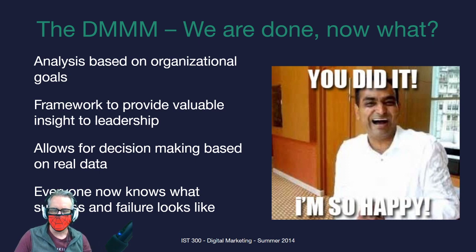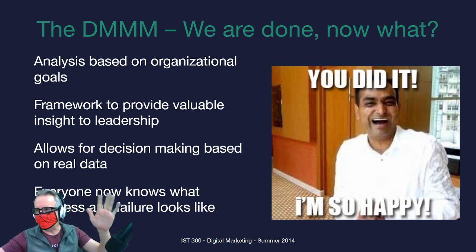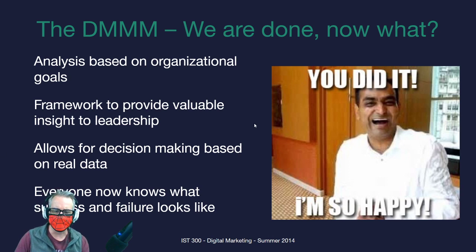And everyone can now know what success and failure looks like. So if you didn't achieve your goal, obviously you failed. But maybe you made progress. Maybe you went the other way, right? But at least now you know where you're at. If you don't know where you are, you don't know if you're succeeding or failing. You're just out there in the ocean, wandering around aimlessly.